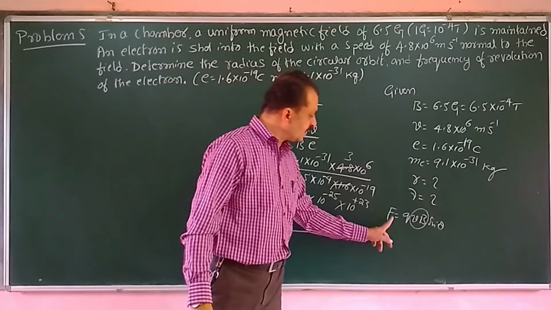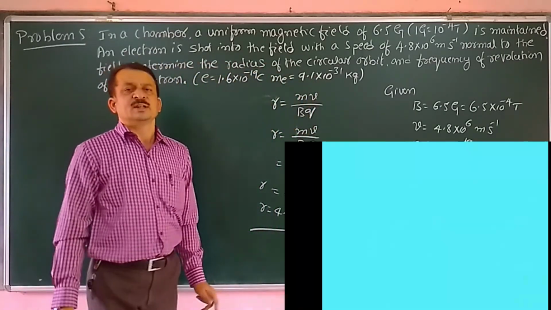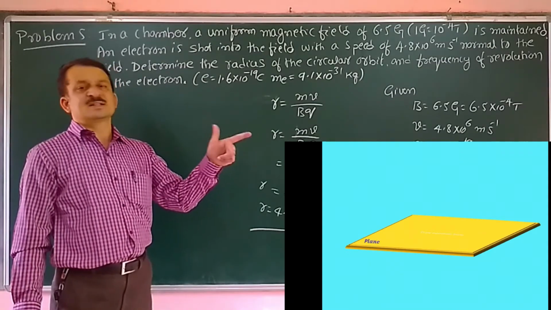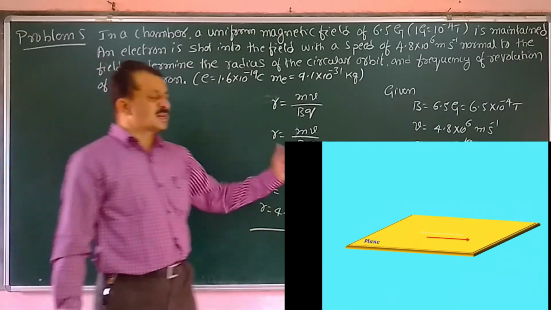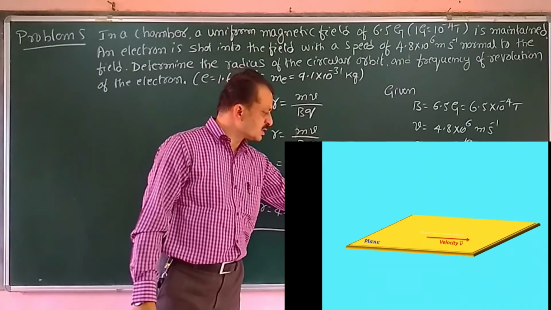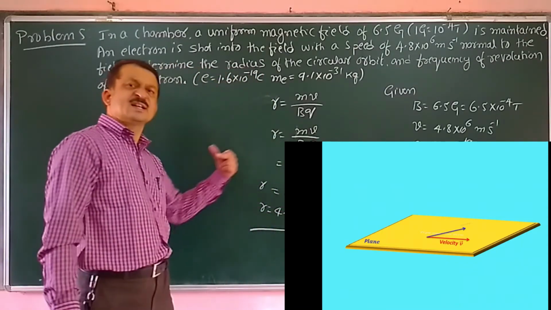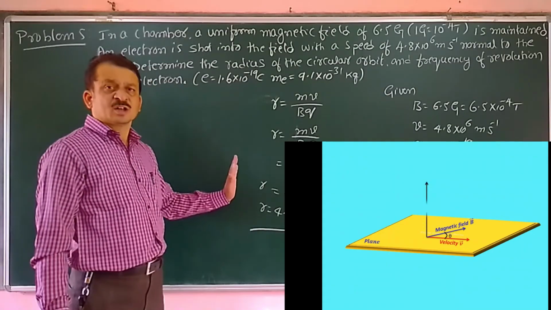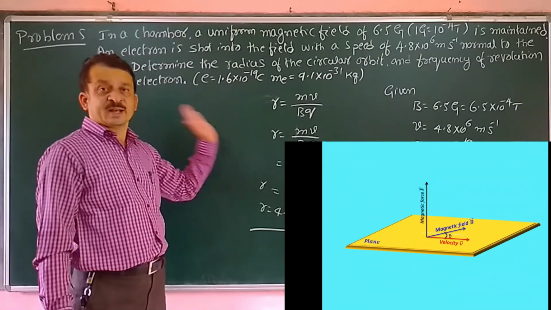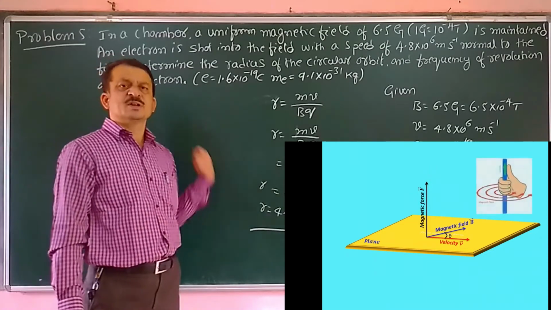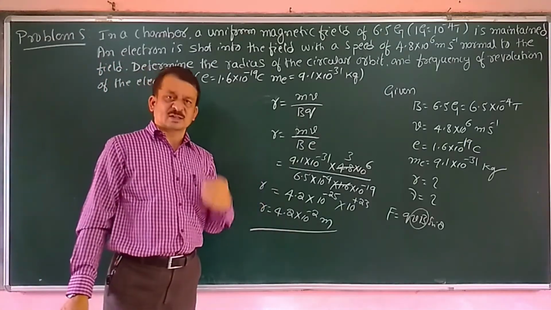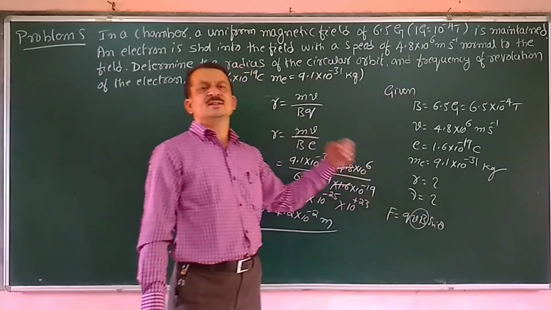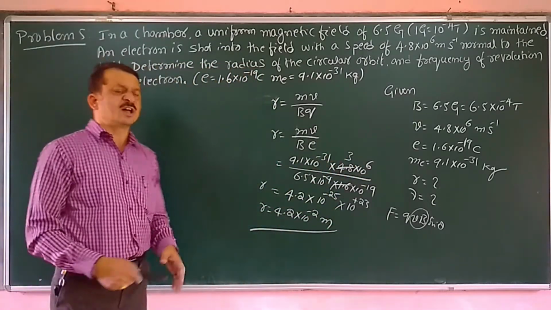Therefore, the charged particle experiences a force. The direction of the force is given by Fleming's left hand rule. The force is always directed towards the center, and hence the electron goes on bending. That means it describes a circular path. This force provides the centripetal force, and hence the electron describes a circular path.